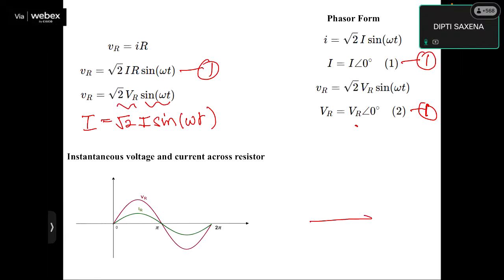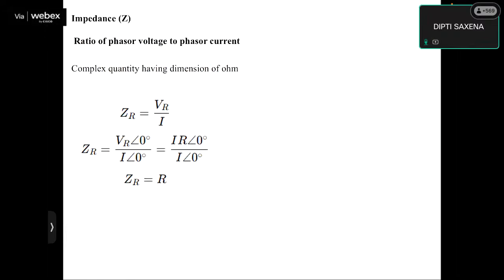If I draw the current phasor through the resistance, IR equals I angle 0, and then draw the phasor VR, the length of VR will be greater than IR, but they are along the horizontal line; both the voltage and the current through the resistor are in the same phase.